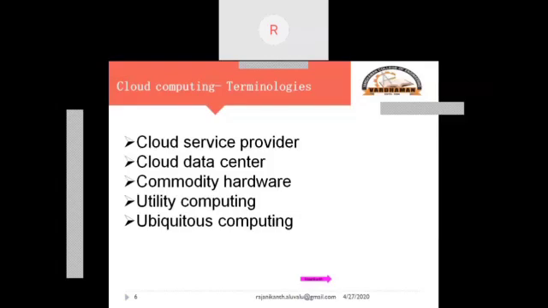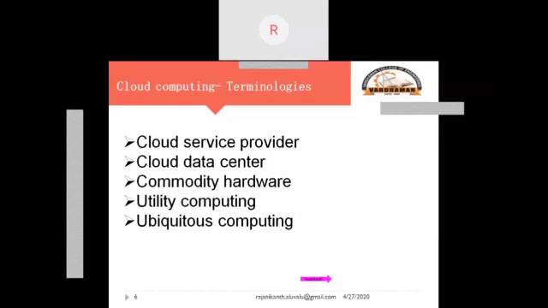And moving on, utility computing. Cloud computing is called utility computing. In simple terms, we are not going to procure the IT infra, but we are going to subscribe to the IT infra provided by the cloud service provider, and we pay for what exactly we use.